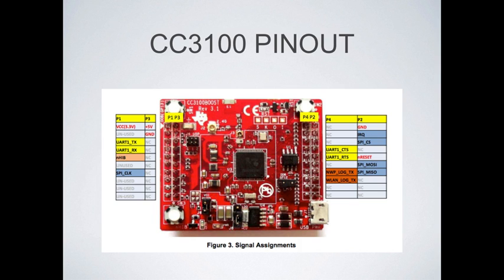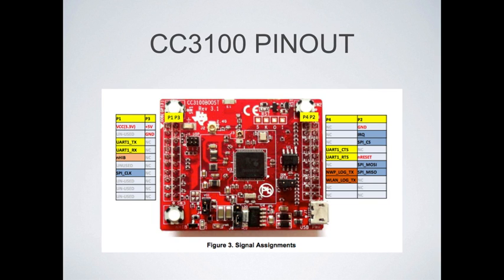CC3100 pinout. And when you take a look at the pinout, and this is inside of a data sheet that we found, we can see that there is UART, and then there's an SPI clock to the left, and then we have our other SPI pins over on the right. You do see an IRQ color-coded to be the same color as the SPI stuff, but usually that's used when one of the slaves wants to talk to the master.